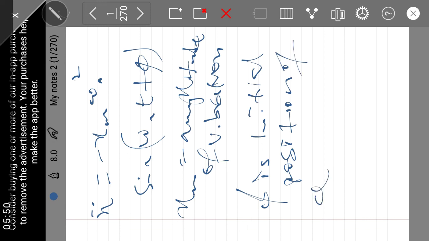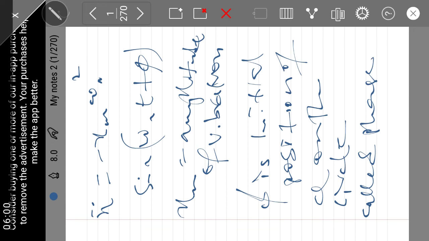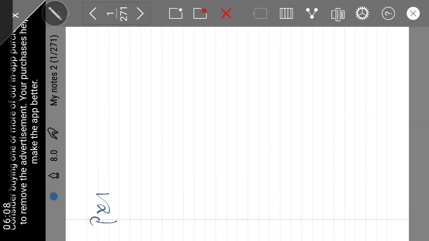It's called the phase angle, the phi. Then the period is equal to tau n, which is 2 pi over omega n.